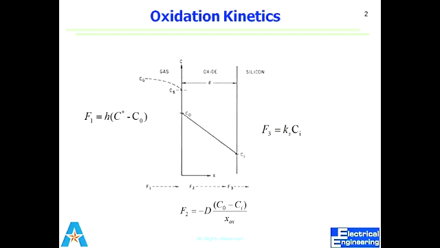Yes, sorry. So these three, F1, F2 and F3, when you put F1 is equal to F2 is equal to F3, you are assuming that the system is in equilibrium. In equilibrium means the amount of gas that reaches the surface, the same amount in that time diffuses through the oxide layer, and the same number of molecules gets the chemical reaction with silicon.